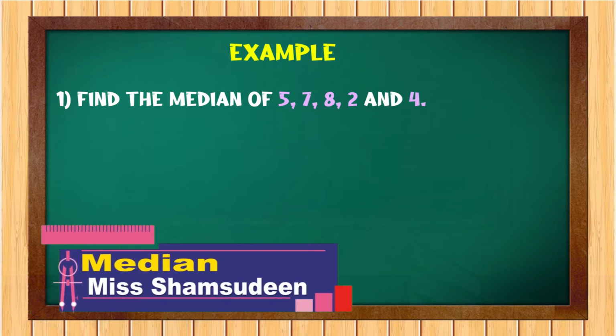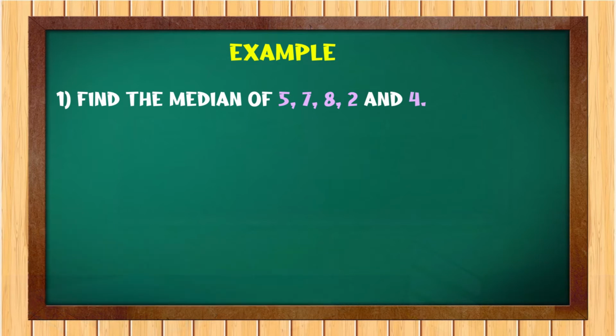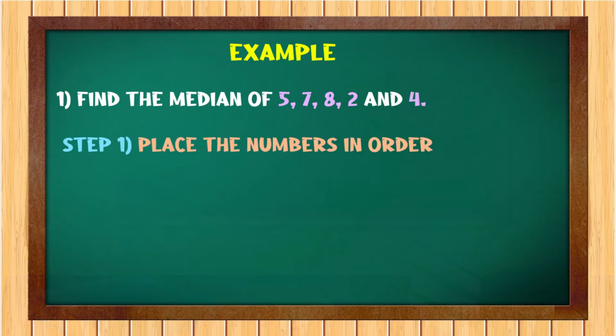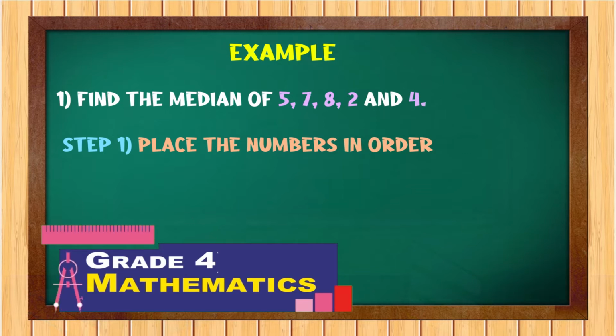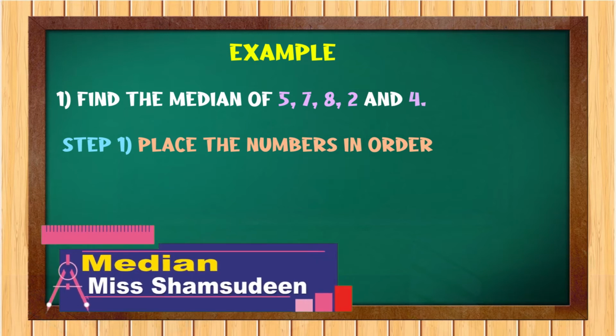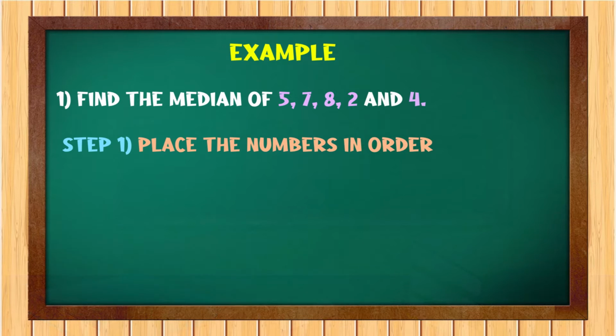Remember, I said the first step, we have to place the numbers in order from the smallest to the largest. So if we look back at the set of numbers given, which is the smallest number? Yes, we see that 2 would be the smallest number.